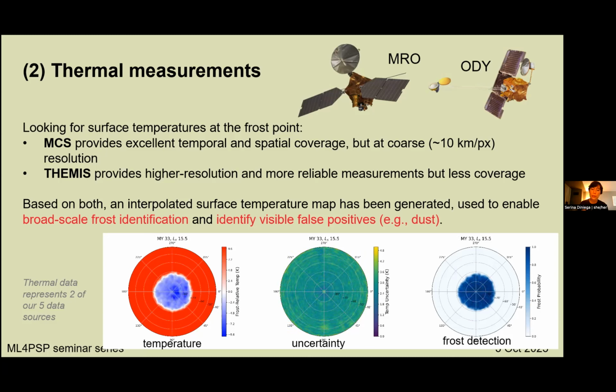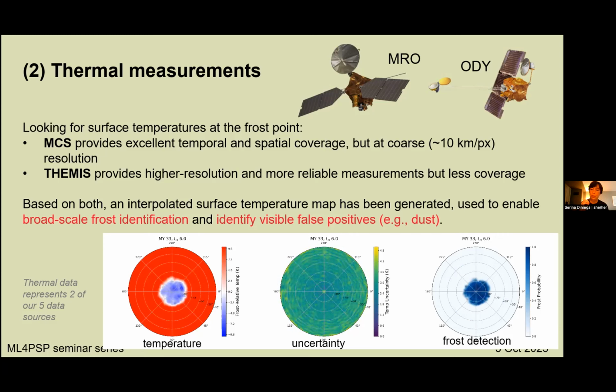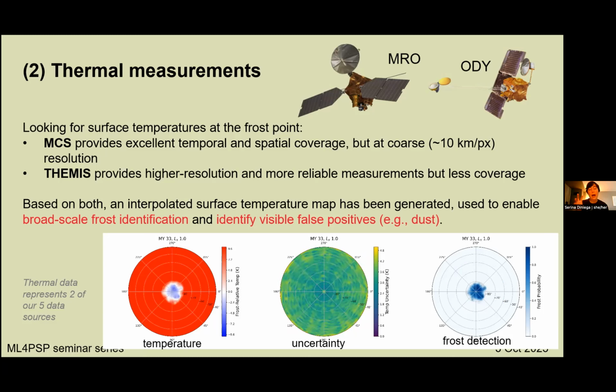So at any given point in space and time, now you have a temperature, but the uncertainty is based on how close you are to an actual measurement, as well as considerations of instrument measurement error and things like that. And then from that, we could turn that into a frost detection. So in all cases, what we're trying to do is take that data set and turn it into a frost detection, but specifically a frost probability, so that incorporates that uncertainty level.